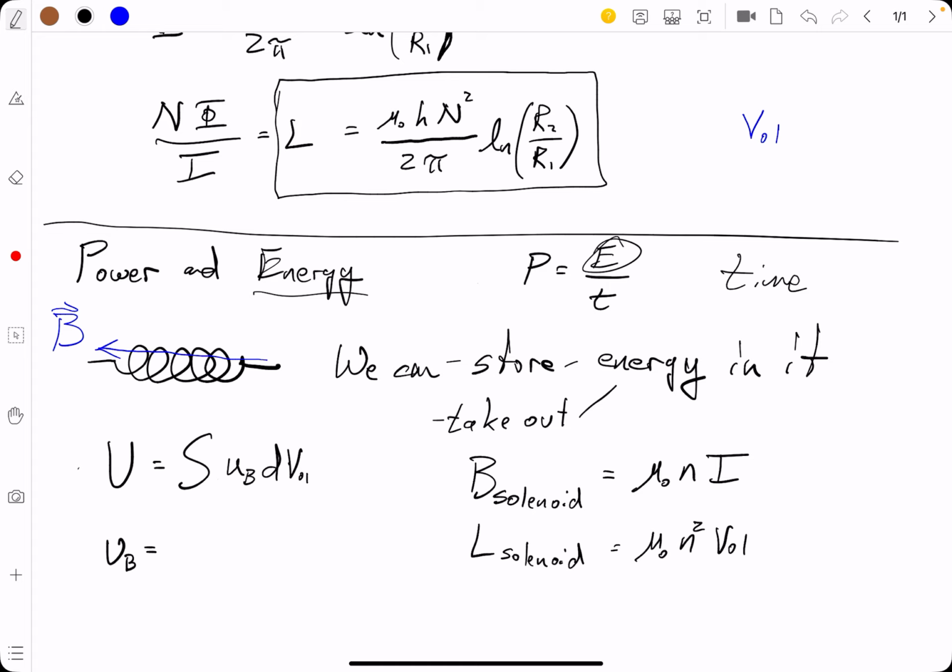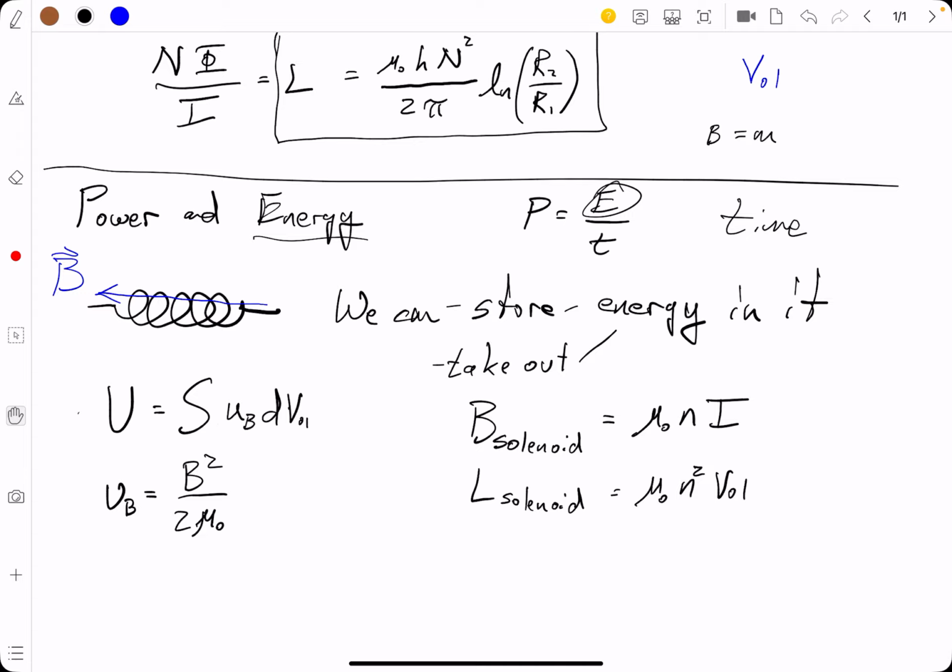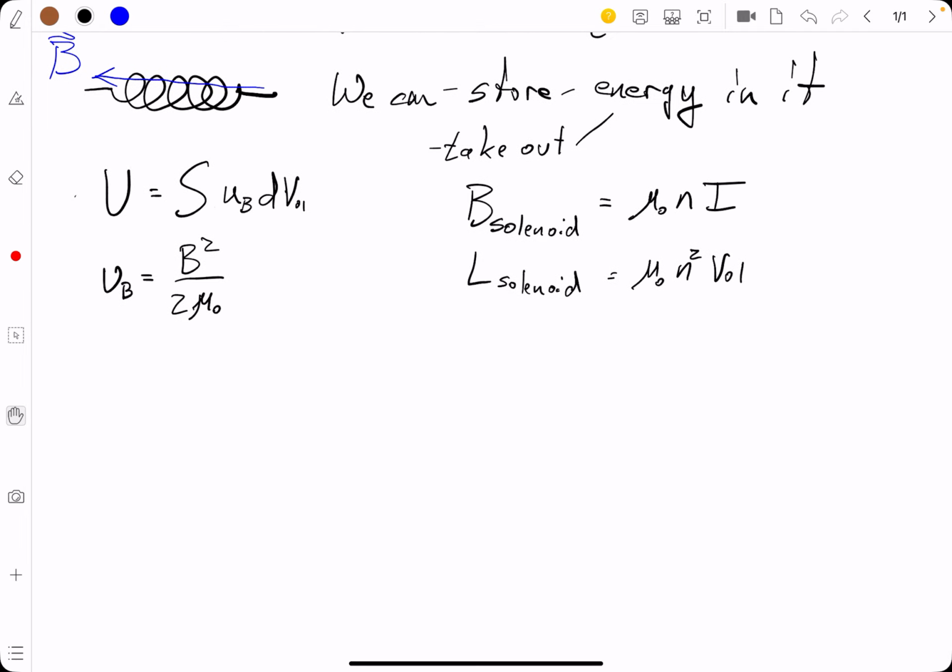They might call it a little sub B, they might call it an M for magnetism. I'm going to say I've got this U_B and it's B squared over 2 mu naught. So we've got U_B equals B squared over 2 mu naught.